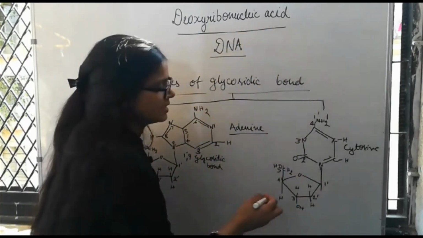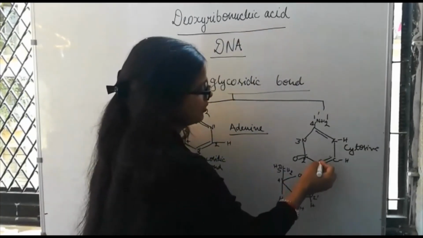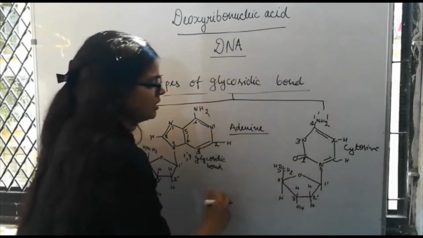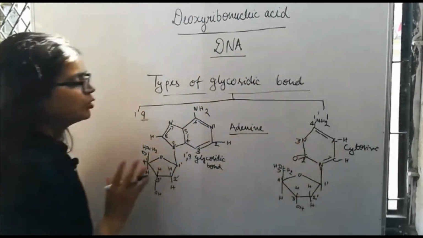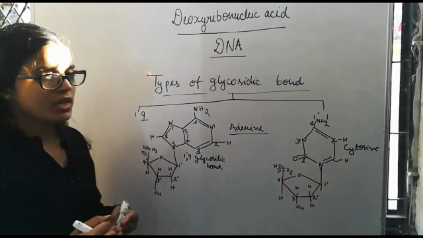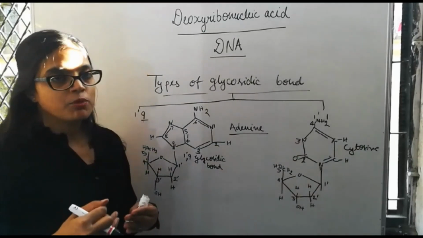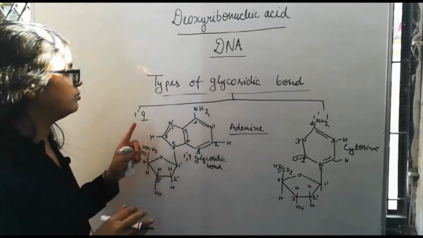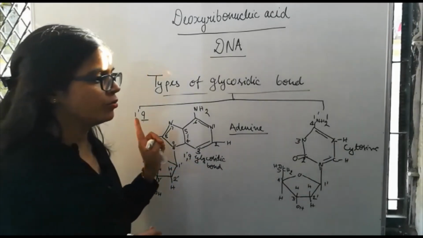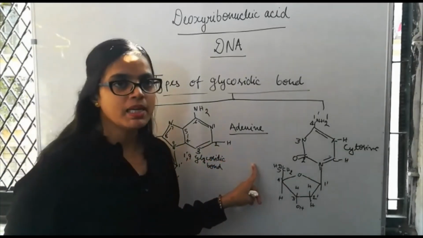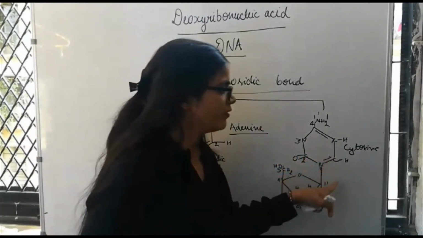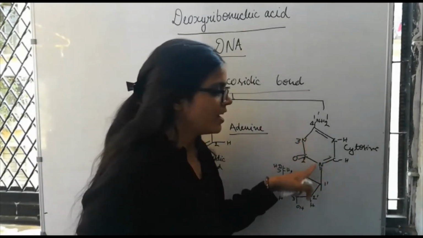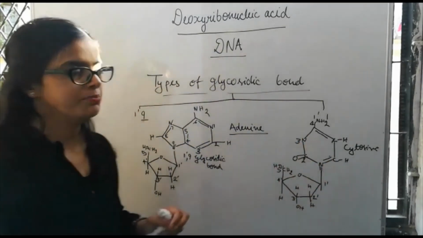So you can see the 1-1 glycosidic bond. So when purine is attached to sugar, it forms a 1-9 glycosidic bond. When pyrimidine is attached with sugar, it forms a 1-1 glycosidic bond.